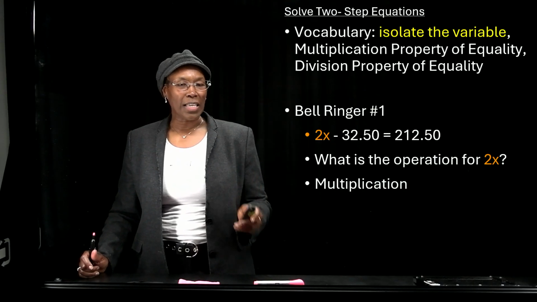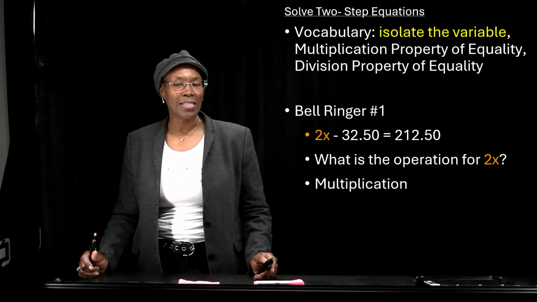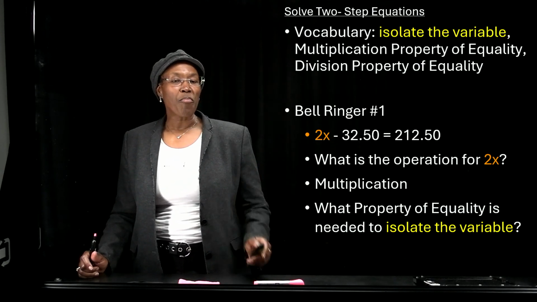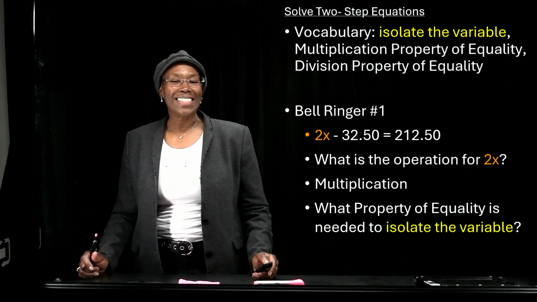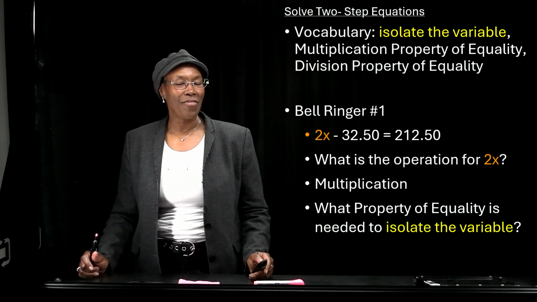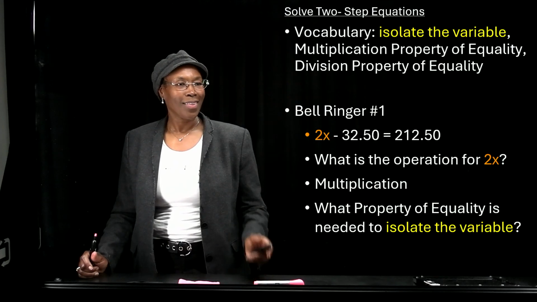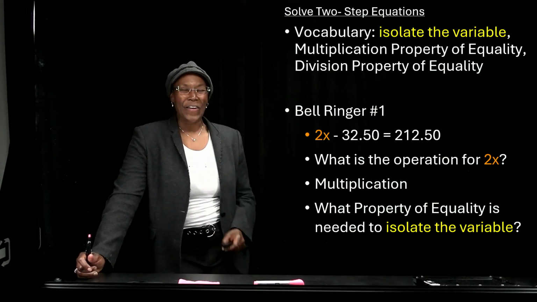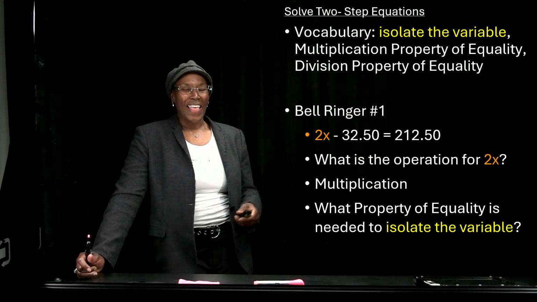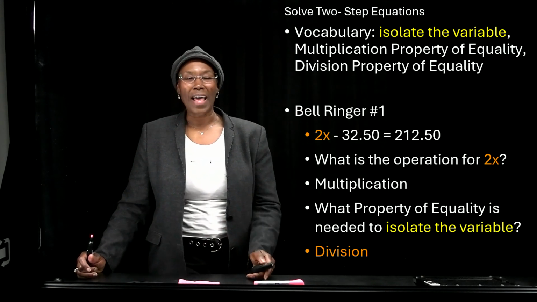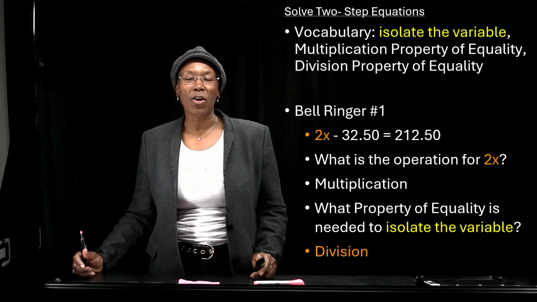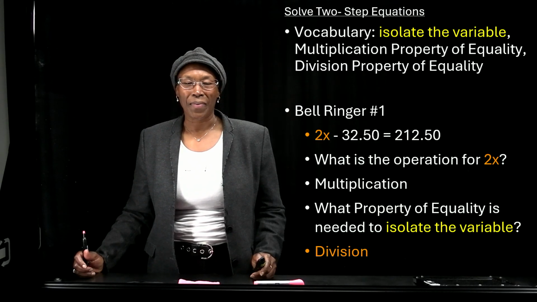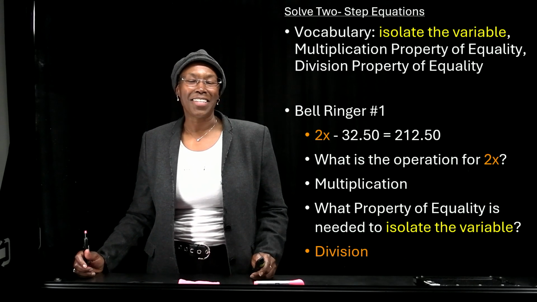So when I look at my term 2x and I know it means multiplication, then what property of equality is needed to isolate the variable? Yes, Ernest. That is correct. You have to apply the division property of equality to isolate the variable. And that is our second step.